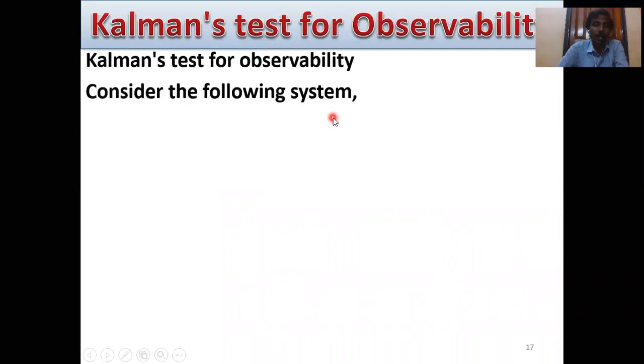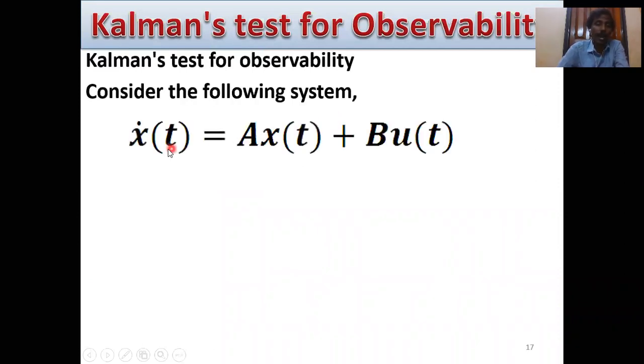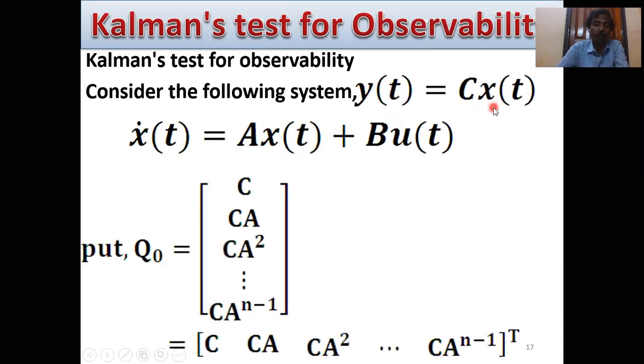Kalman test for observability. Consider the following system: x dot of t equals A x of t plus B u of t, and y of t equals C into x of t, with Q0 equals C, CA, CA squared, up to CA to the power n minus 1.